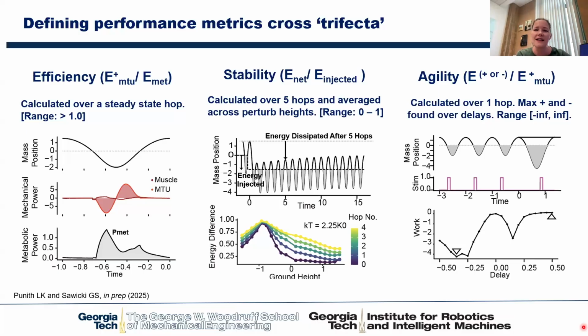And so in that example, if you want an energy-based agility metric, you would need to include internal energy flows or something like that, right? To maintain a desired trajectory given external perturbations away from it.